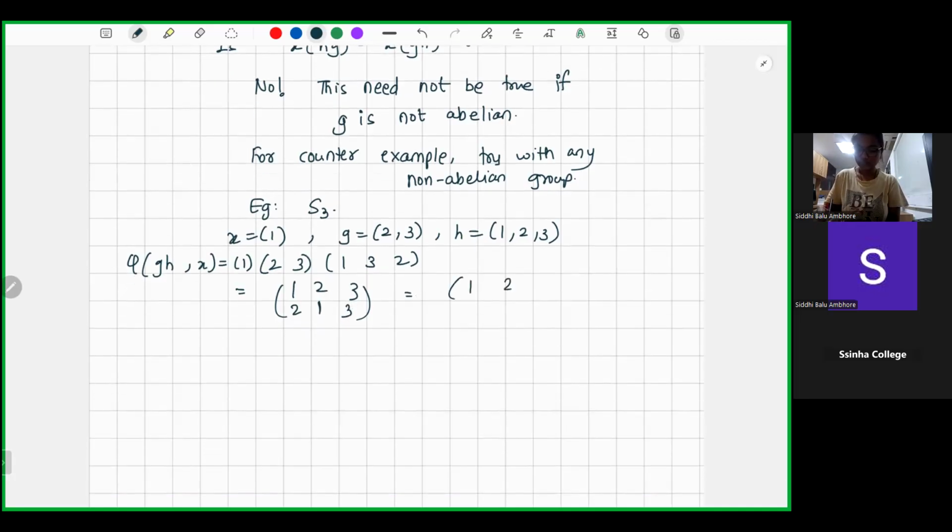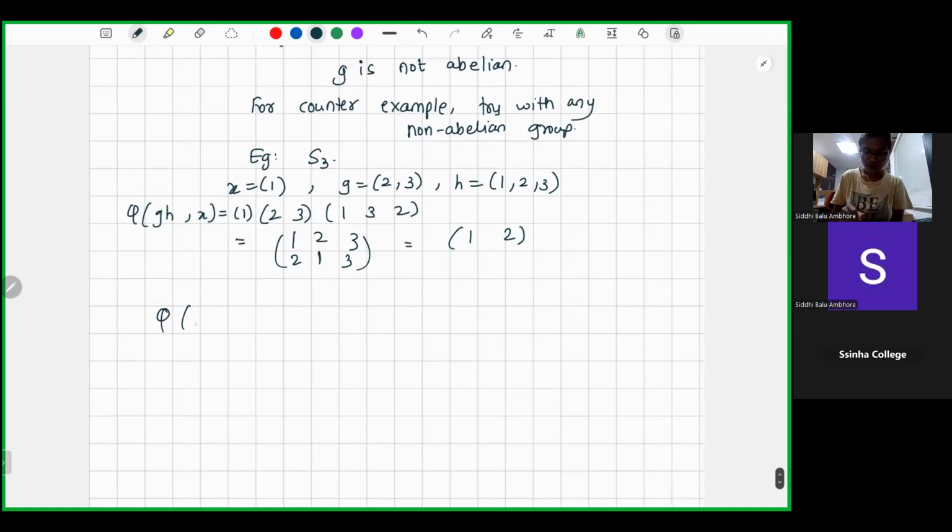So it is (1 2), the transposition, and phi of g comma phi hx will be phi of g and h into e. So hx is just h into 1, right? So (1 2 3), 1 acting on (1 2 3).